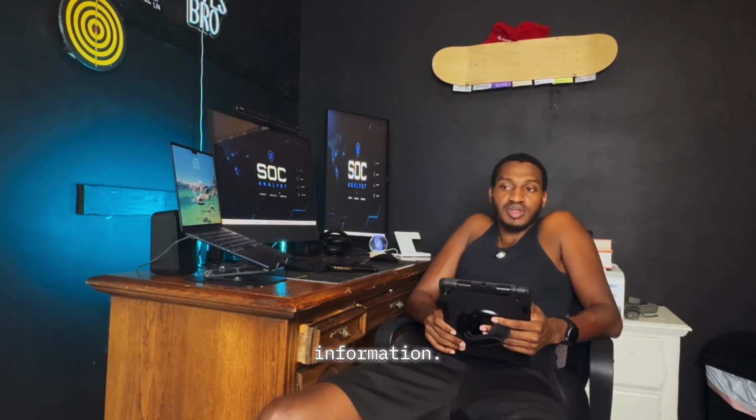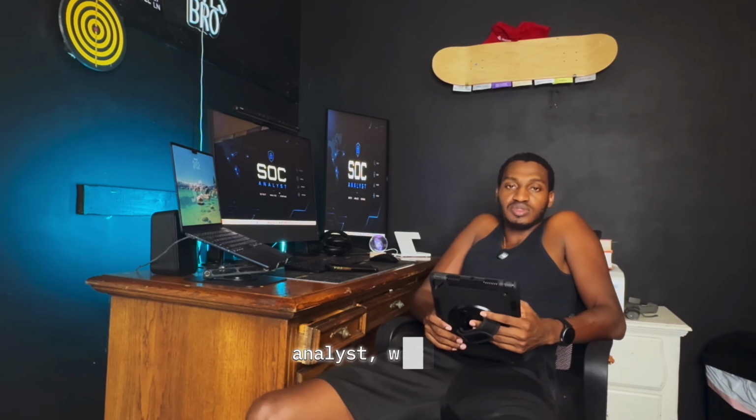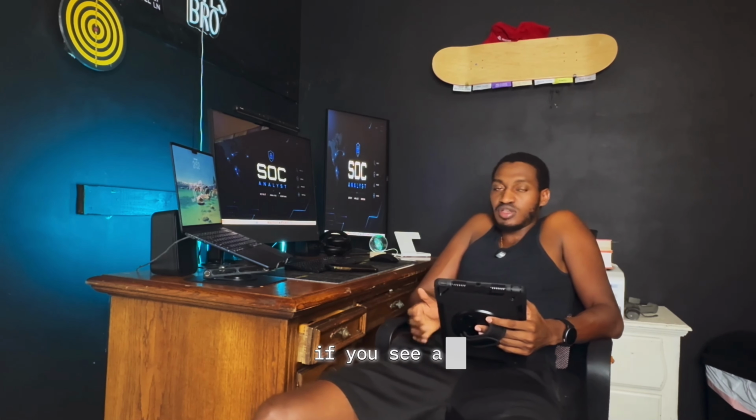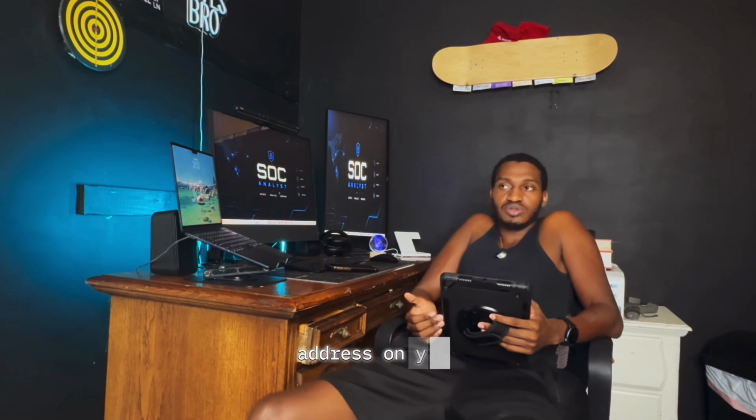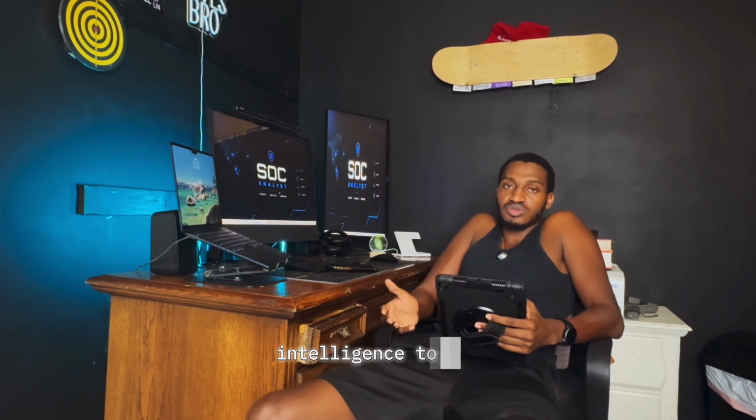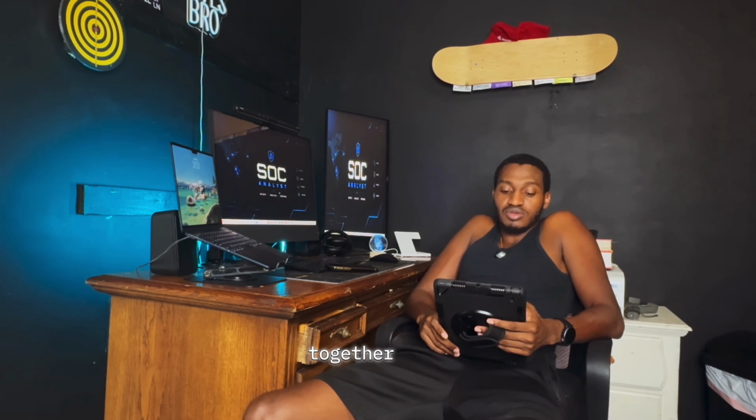As a SOC analyst, we deal with monitoring, analyzing logs, finding out information about IP addresses. If you see a suspicious IP address on your system, you try to figure it out. You use threat intelligence tools. We're going to look at some threat intelligence tools together too. There are different ones.